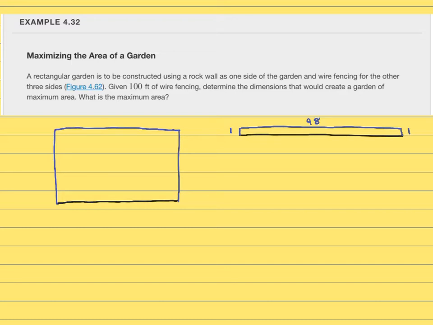Notice the area of that one is base times height, 1 times 98, so it's just 98. Or I could say, let's make the sides here 20 and 20. And then that makes this 60. There's 100 feet of fencing. Now that has an area of 1,200.